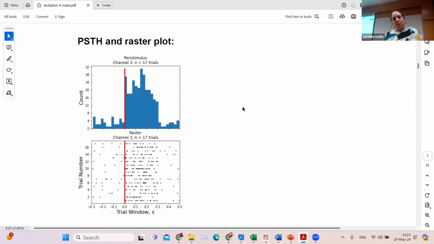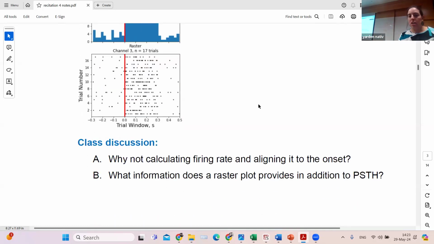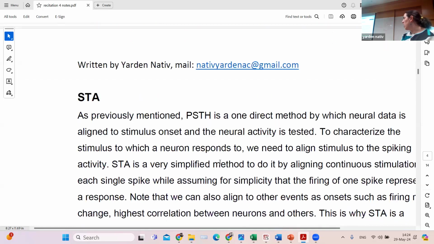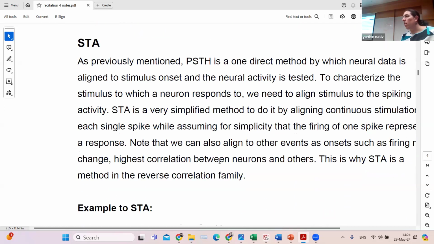Okay, so now, we were talking about the variance, so you can see it only in the raster plot.